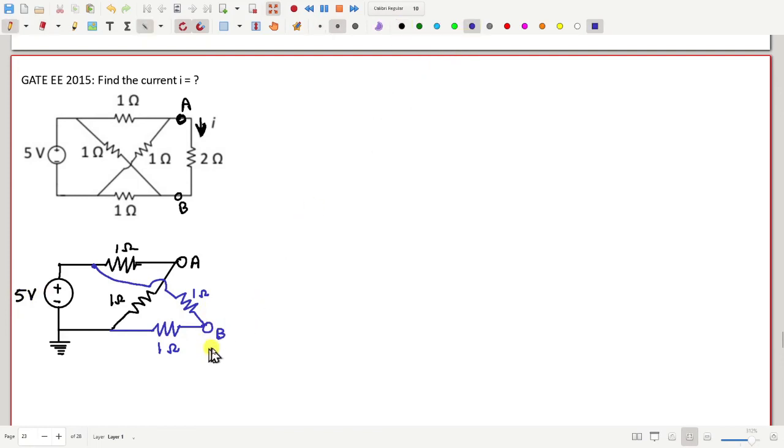And how much is the potential at node A? 2.5. So how much is the Thevenin voltage between A and B? 0. So now we have to find the current I which would flow when we connect this 2 ohm resistance here.